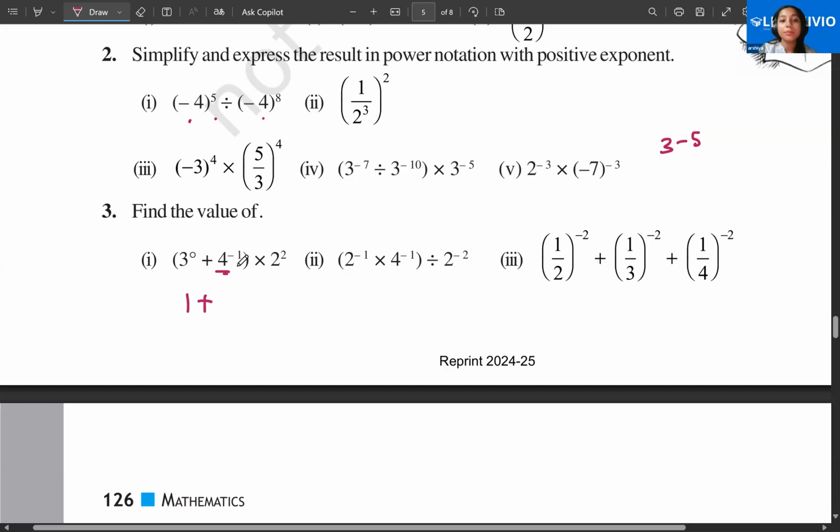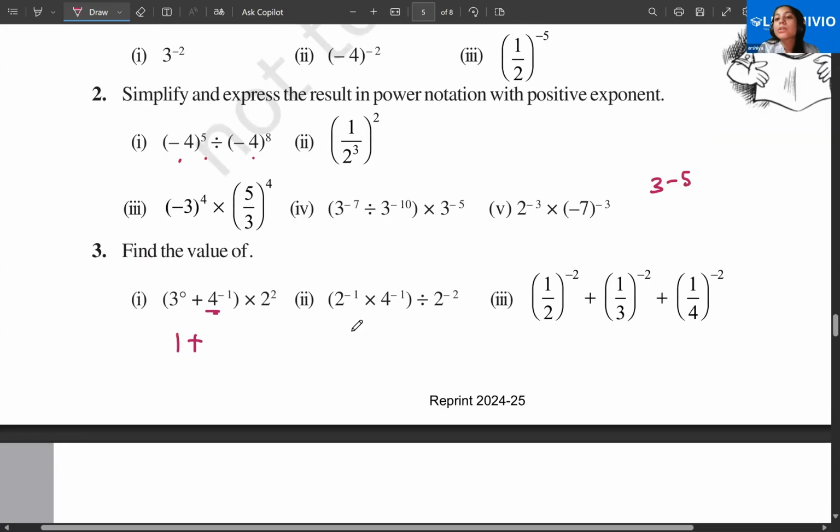No. When the power is negative, how do we make it positive? So it's negative 4 to the power of 1.